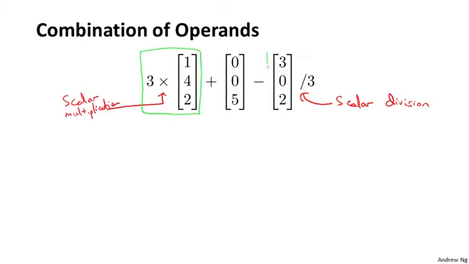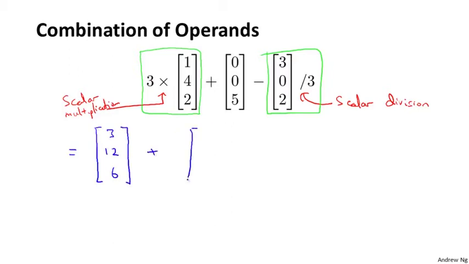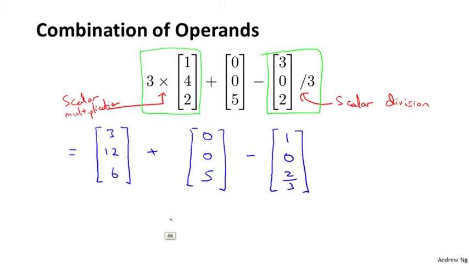these two operations first, then what we get is 3 times that vector, which is 3, 12, 6, plus my vector in the middle, which is 0, 0, 5, minus 1, 0, 2/3. And again, just to make sure we understand what's going on here, this plus symbol is matrix addition.